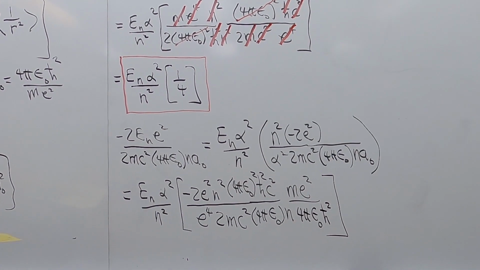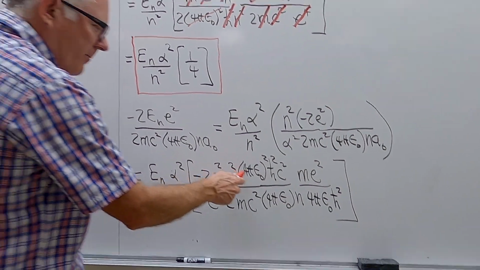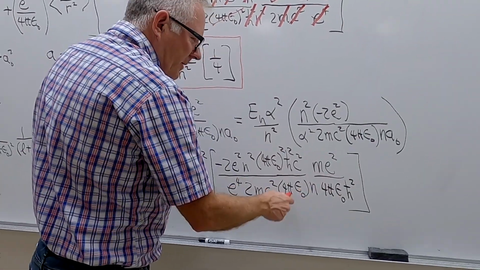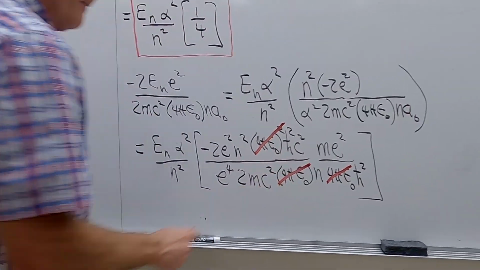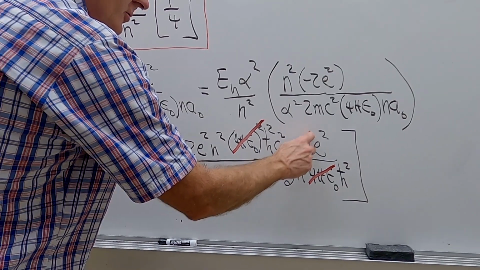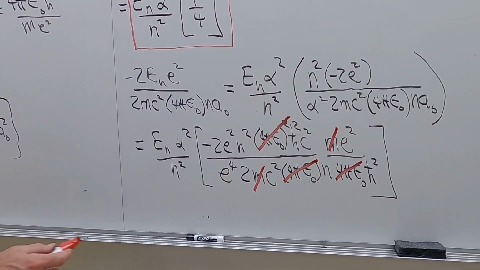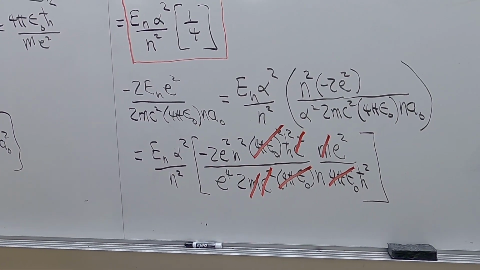Okay, so hopefully some stuff in there will cancel. Well, let me see. We got the 4 pi epsilon naught squared, and we got the 4 pi epsilon naught squared down below, so that cancels with that. We have an m here. That cancels with that m. We have a c squared, cancels with this c squared.